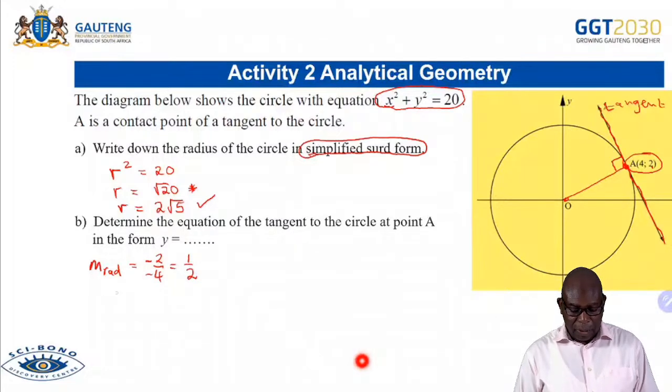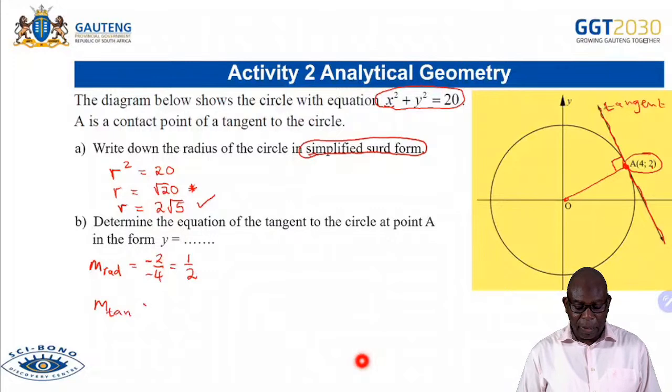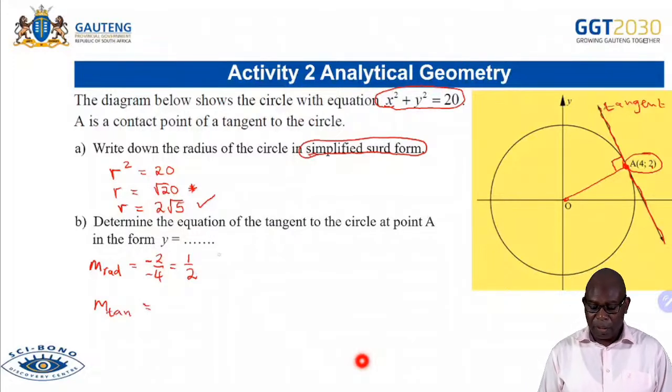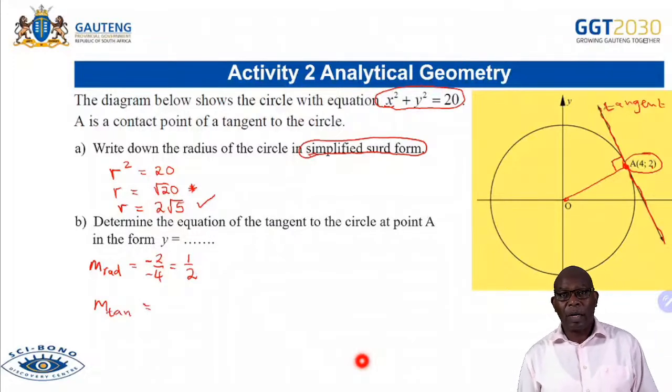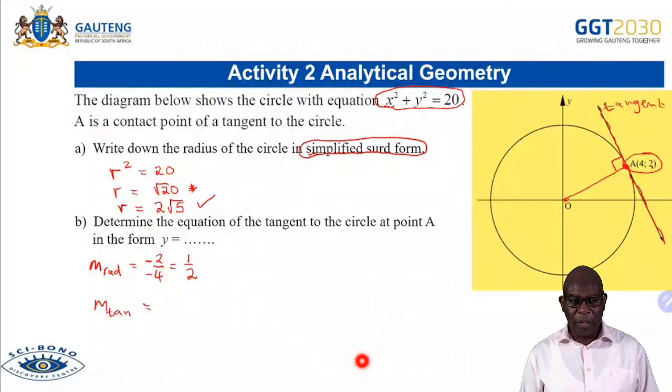If I know the gradient of this, I will know the gradient of the tangent. What will be the gradient of the tangent? We take this one and swap it around: the numerator becomes the denominator, the denominator becomes the numerator, and the sign changes, so that becomes negative 2. So the gradient of this tangent now will be negative 2.